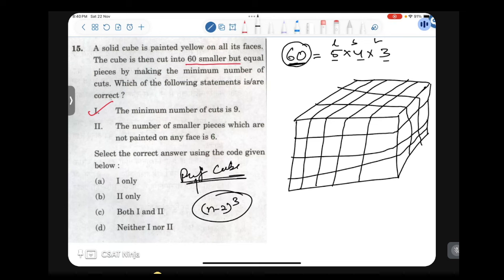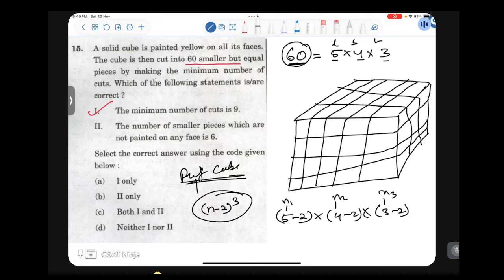But this is not a perfect cube. This is a cuboid. So I'm going to use the formula like this. 5 minus 2 into, I'm going to use this one as n1, and again 4 minus 2, which is n2, and into 3 minus 2, which is n3.